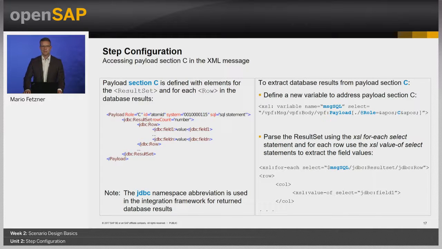To extract the database results from payload section C in your XSL transformation statements, you can use the for-each statement to pass the records in the result set and the value-of select statement to extract the database field values. In the example shown here, a new variable called MSGSQL is defined in the XSL file. This variable is used in a new XPath expression to access the result set and row elements in payload section C. Note that when you use a variable in an XPath expression, you need to add a $ sign in front.